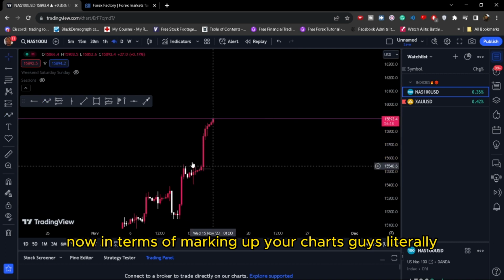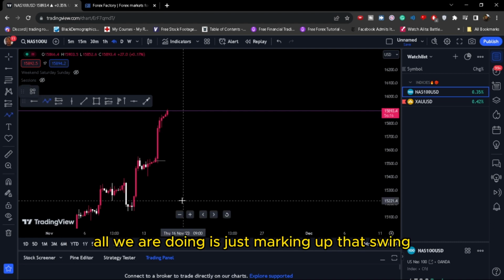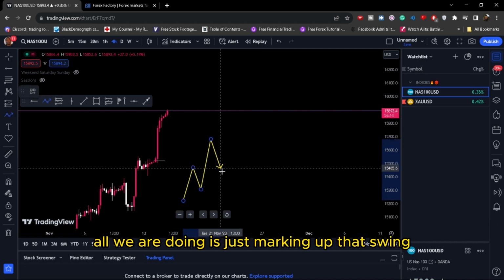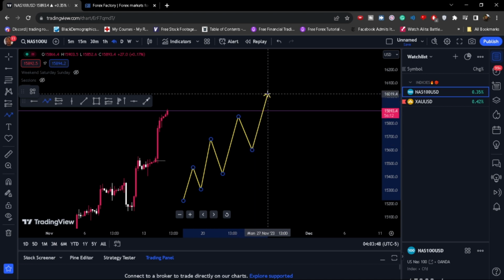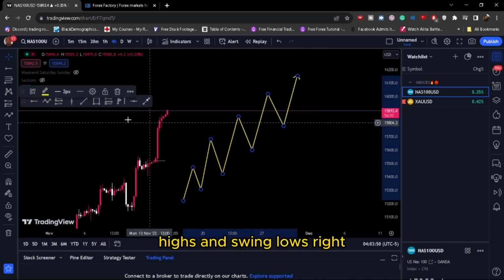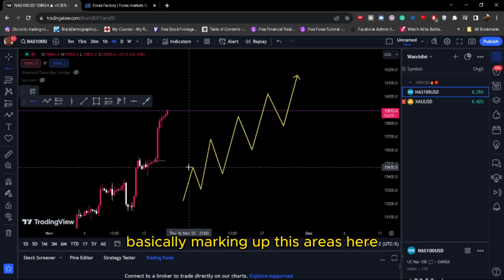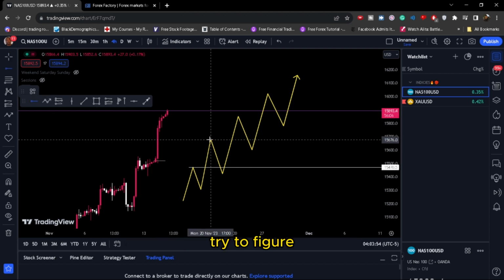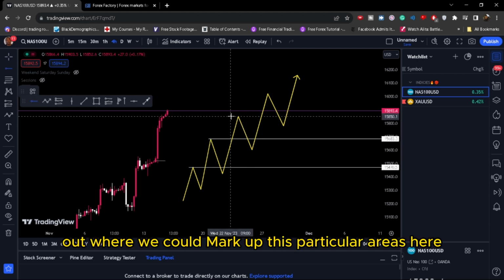Now, in terms of marking up your charts, guys, literally all we are doing is marking up swing highs and swing lows. For an uptrend, we're basically marking up these areas here. Try to figure out where we could mark these areas.